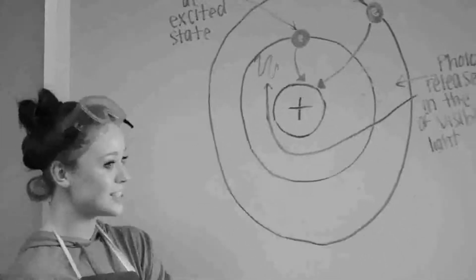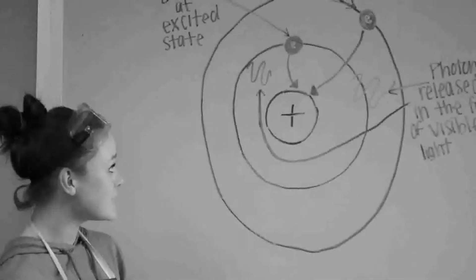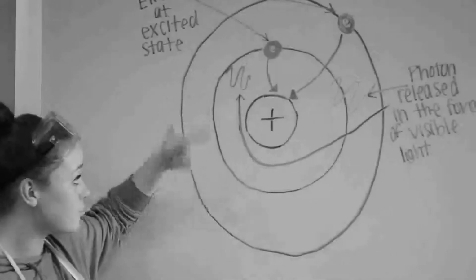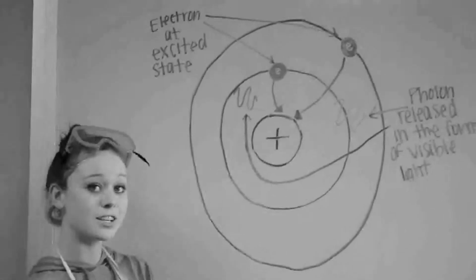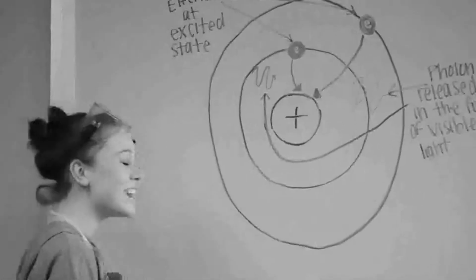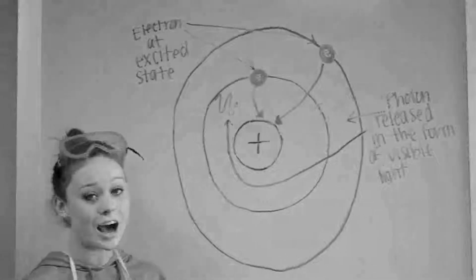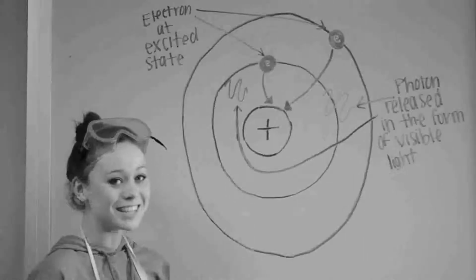Then when it loses that energy, it's released as a photon in the form of visible light. The further the electron moves from the excited state to the ground state, the more energy is released, and the higher frequency the visible light released will be.